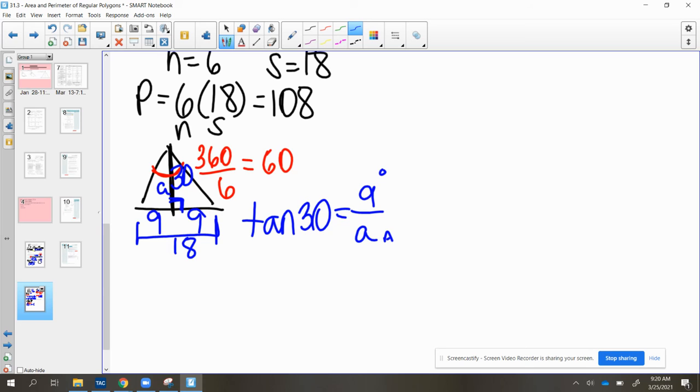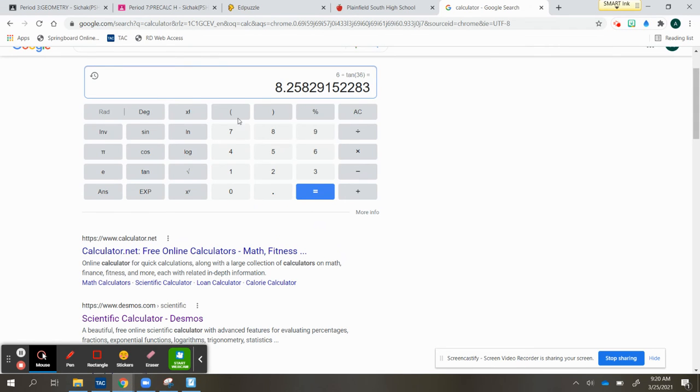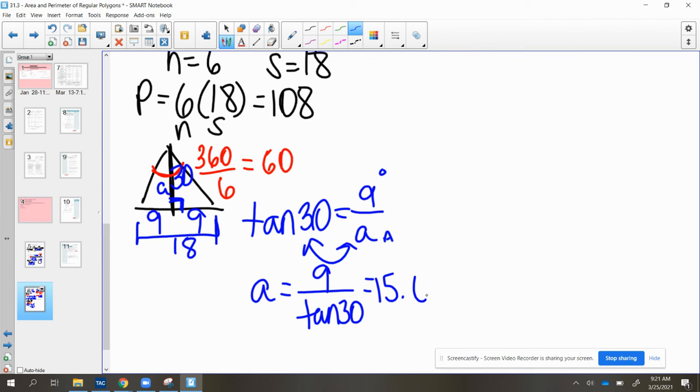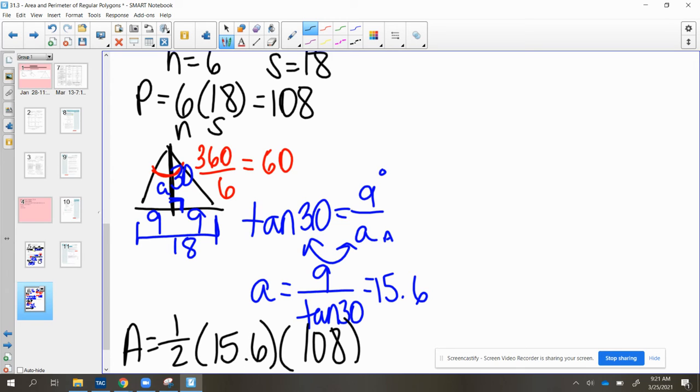O over A, opposite over adjacent, switch and divide. 9 divided by the tangent of 30 is going to give us a value of 15.6. So our final answer, the area is 1/2 apothem times perimeter for a total of 841.8 square feet.